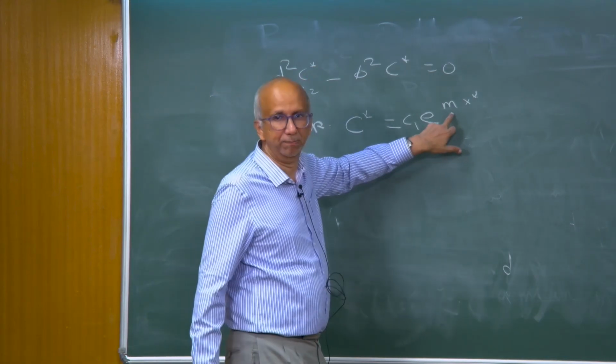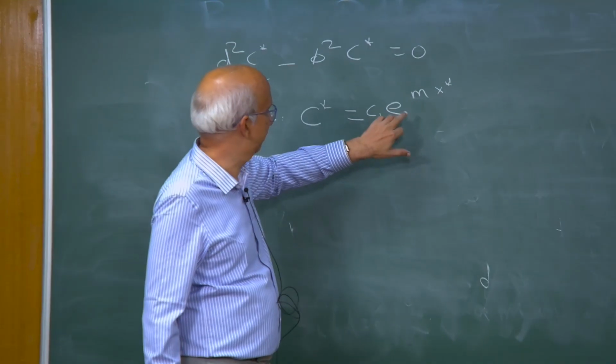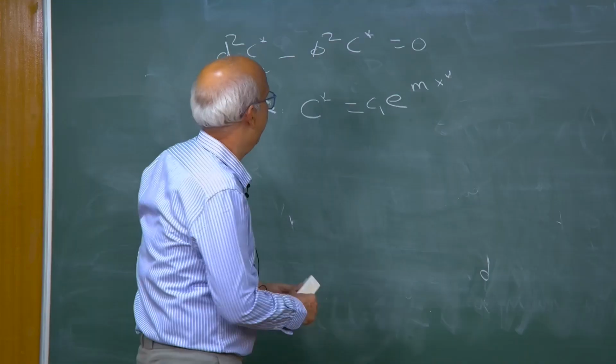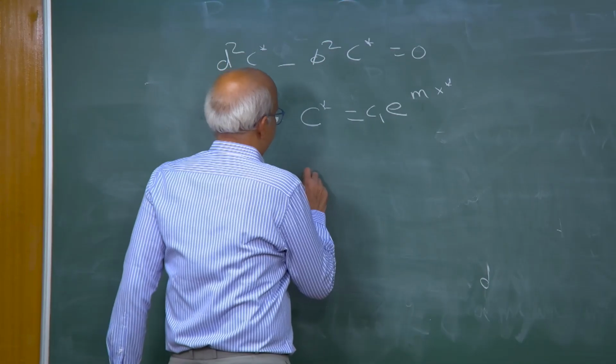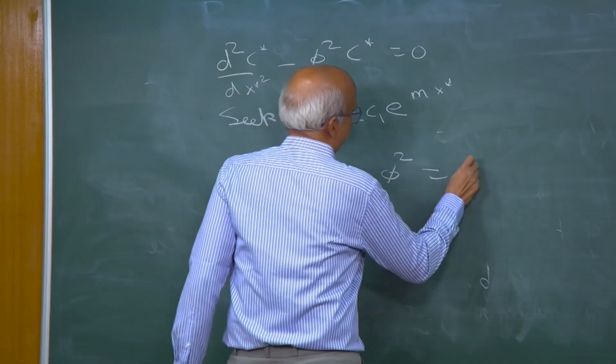I do not know what m is, I am yet to find out. So, how do I do this? You substitute this back inside here, and what will you get? m squared minus phi squared equals 0.